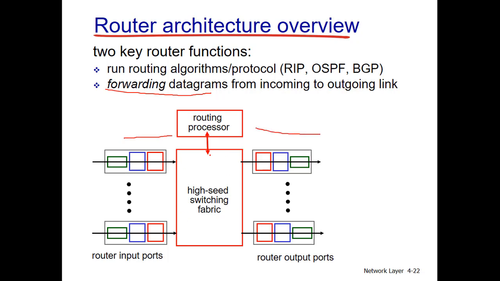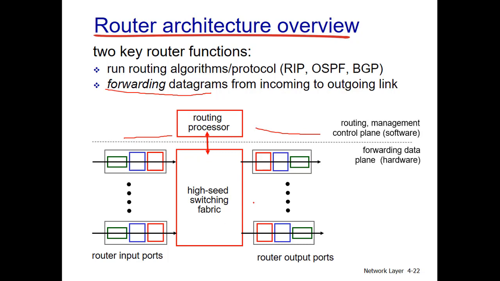This is the switching fabric, a high speed switching fabric, which moves the data from any of the input ports to any of the output ports. The router is divided into two parts. One is called the routing plane and the other is called the forwarding plane.